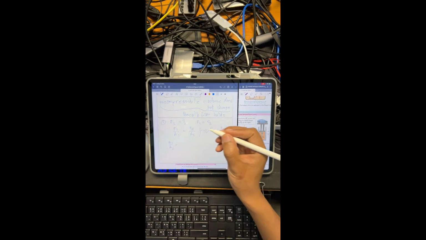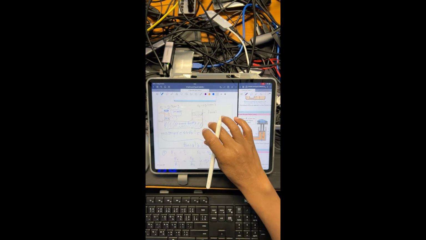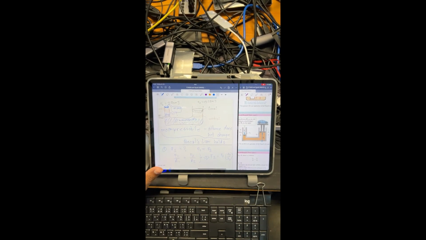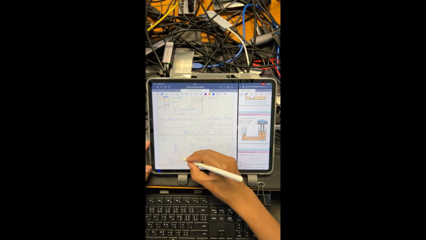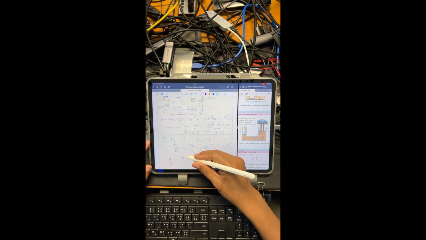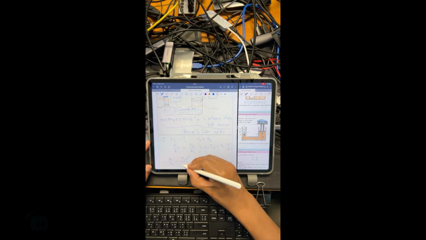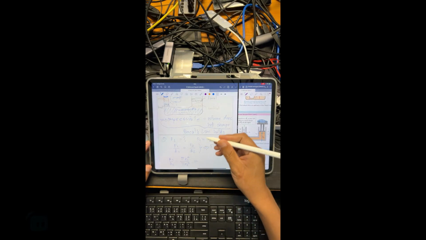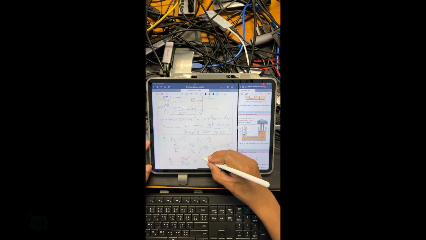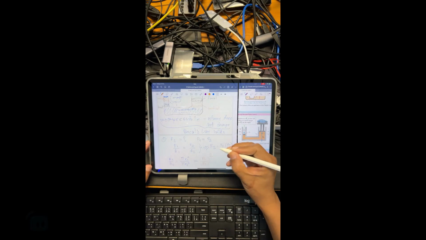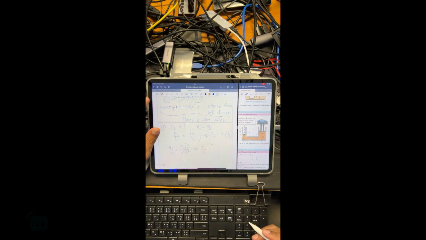A1 is, of course, the area of the cylinder, which has the circle shape right here. A1 is pi R1 square, and A2 is pi R2 square. You could easily observe that pi and pi will cancel each other, and you're gonna have R1 divided by R2 square, like that. And that's A1 by A2.